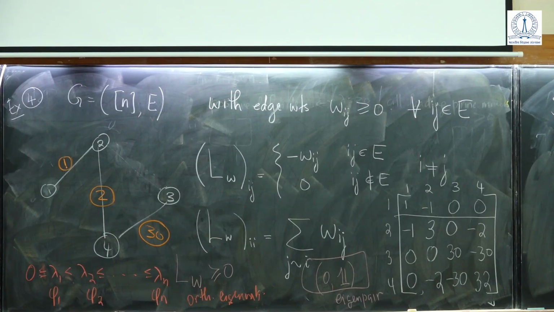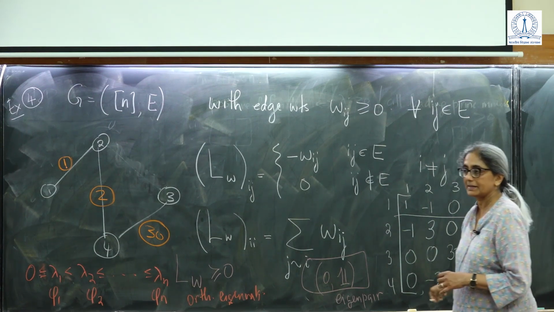Someone was asking if you can prove that lambda 2 is 0 using random walks. Then the random walk will not be irreducible.